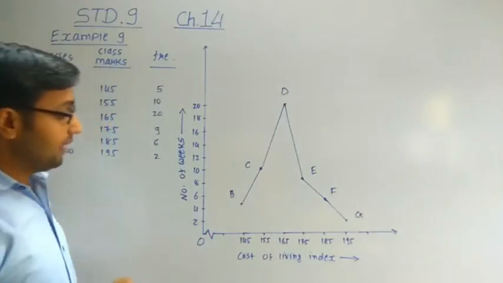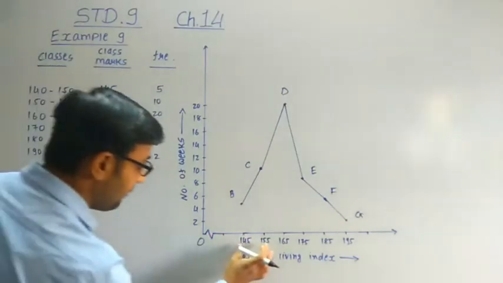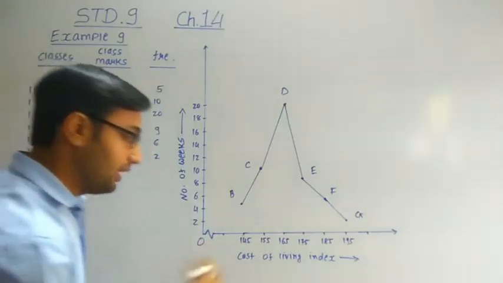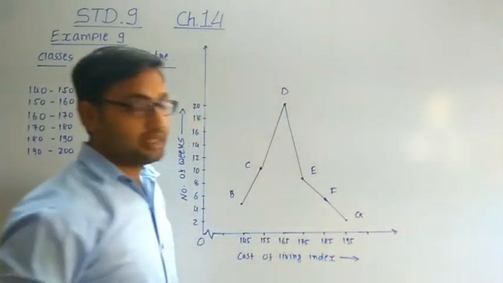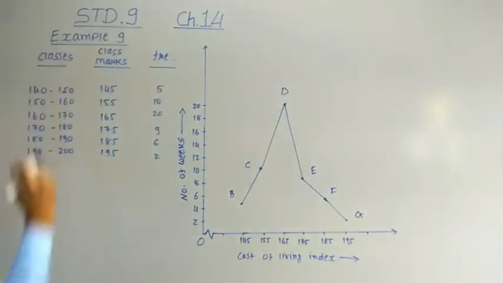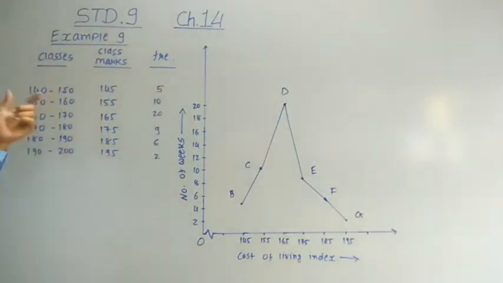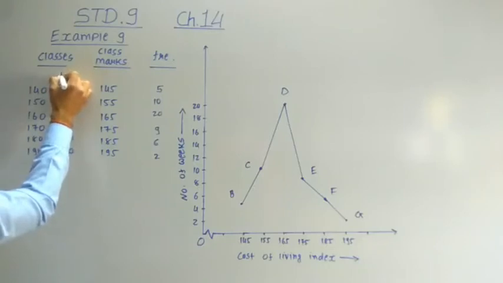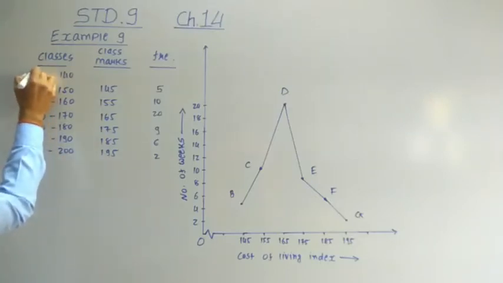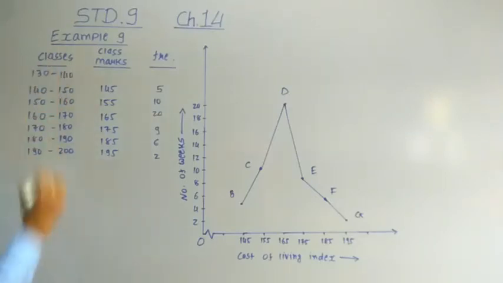So how to close this? Here we do not have the previous class interval. That is why this problem is first. And here we do not have the next class interval. So we have to add one more class interval. Now think, if this class interval starts with 140, that means the previous class ends with 140. The class interval is of 10, so this will start from 130.